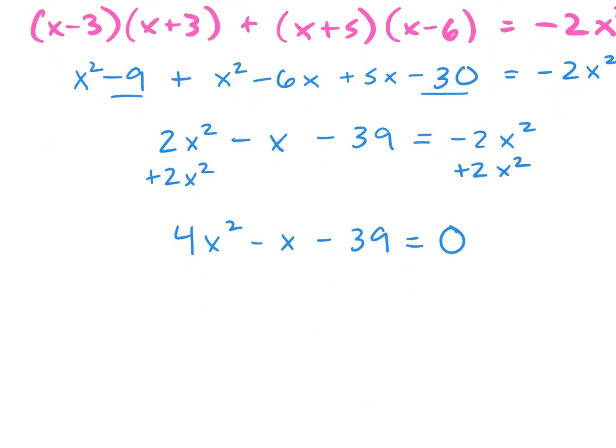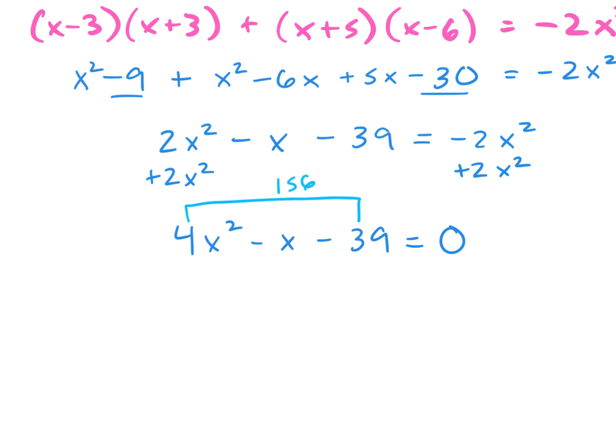What do we do next? Quadratic formula. We'll probably have to end up using the quadratic. Let's see if we can factor. 4 times negative 39 would be what? 156.